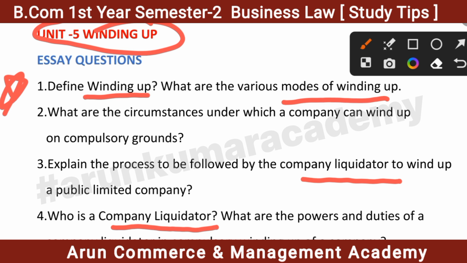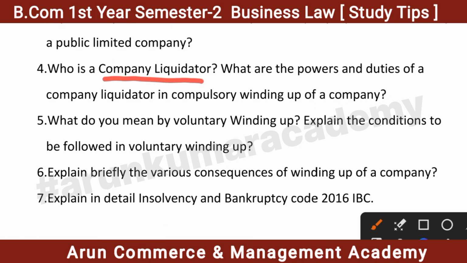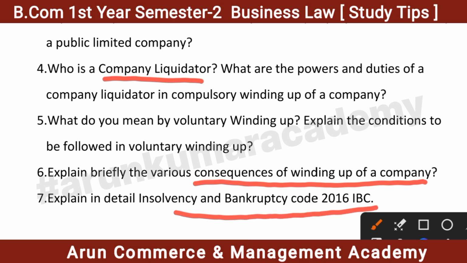And in choice, we can focus on the various consequences of winding up of the company. And in choice you may get some questions from IBC 2016 also, right? So unit 5 you can clear easily. Why? Because topics are very few in unit 5. So you can go through all these topics whatever I explained now. So this is the strategy for unit 5.